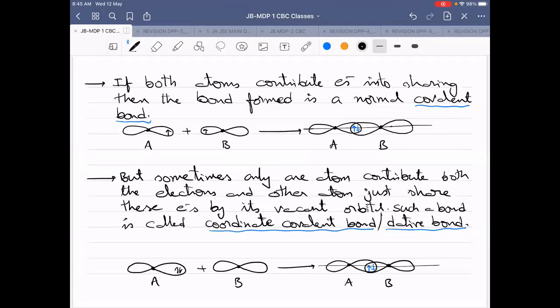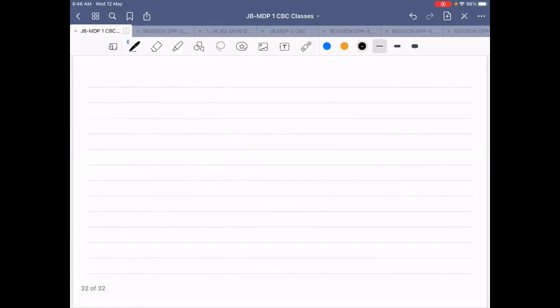Completed, everyone? We'll go to the next page. Javeer, Venkat. Venkat is there? Next.